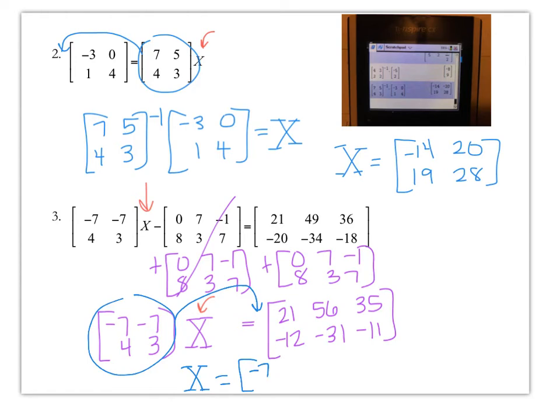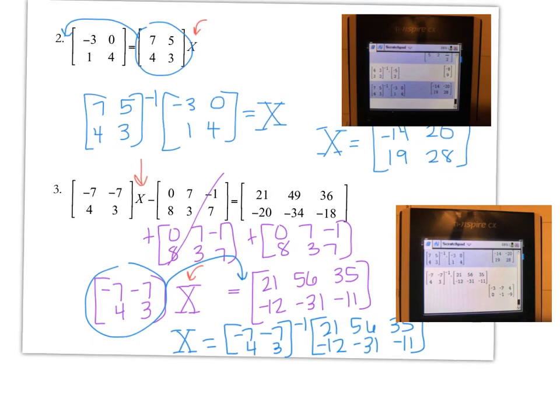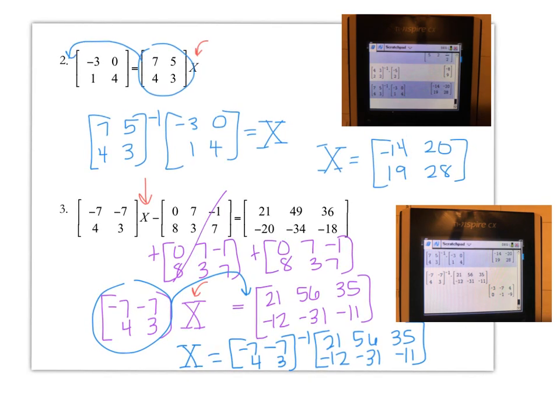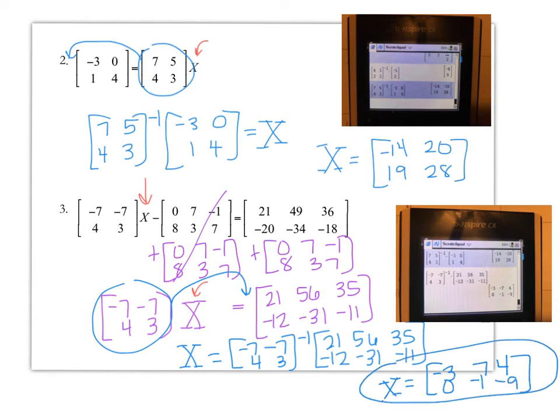So that's going to be -7, 4, 3 to the -1 times 21, 56, 35, -12, -31, -11. I just typed it in the calculator, and according to the calculator, the answer for x is -3, 7, 4, 0, -1, -9. Okay.